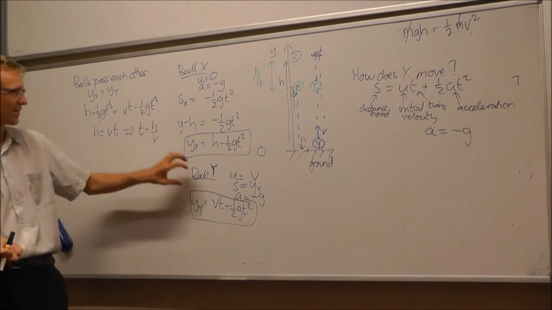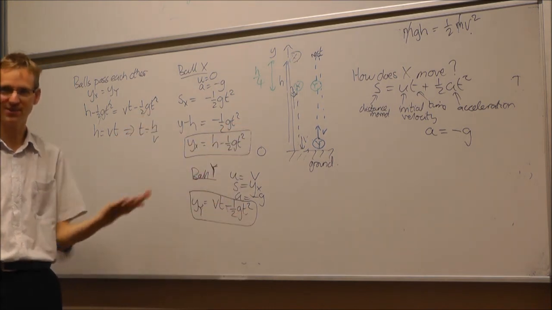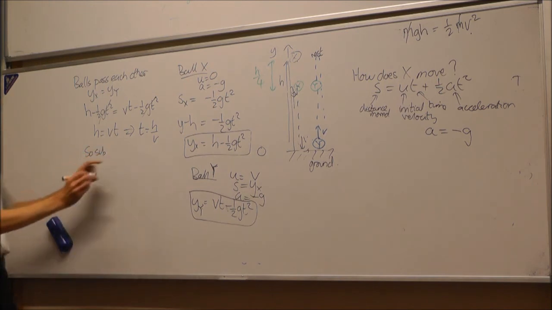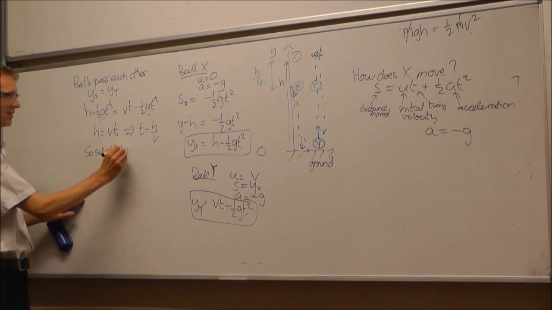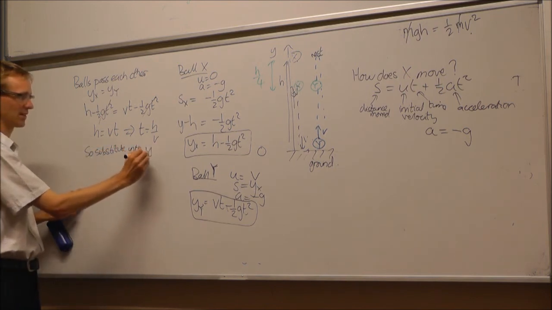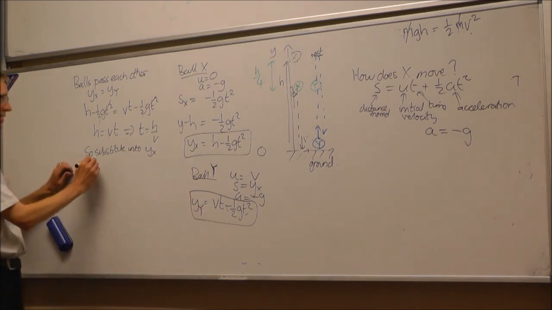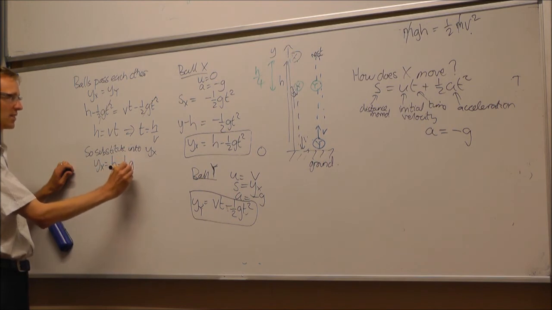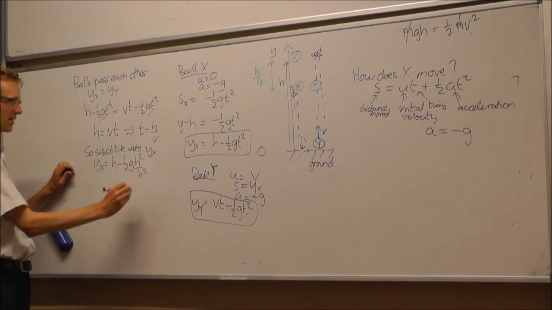Therefore we can substitute that into that one, or equally it should go into that one, they should give the same result. And that will tell us our distance. So substitute into y of x, or equally it should be the same if we go with y of y. So y of x is h minus half gt squared, so that comes to h squared over v squared.